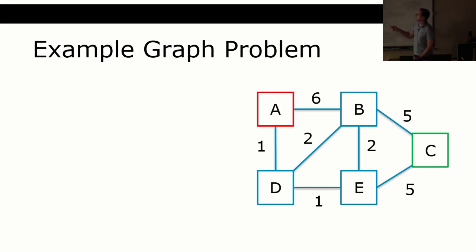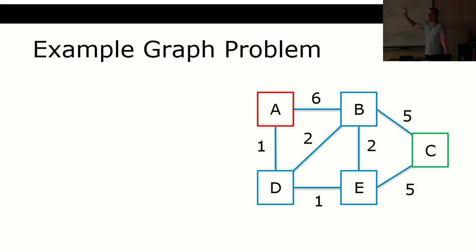If I show you the graph of a problem, then these are the states within that problem. So the agent could be at state A, state B, D, E, etc. And the edges between those are going to denote the cost of going from A to B. And if there is no edge between two states, for example, from A to E, there's no edge there, so I cannot directly go from A to E.